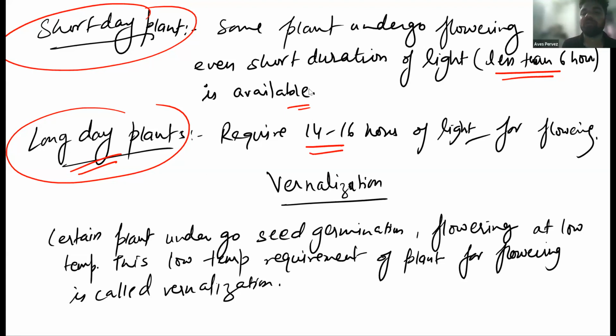Okay. Now coming to vernalization. Vernalization is the last topic of this chapter. What is vernalization? Some plants require low temperature for seed germination, not much light or high temperature.